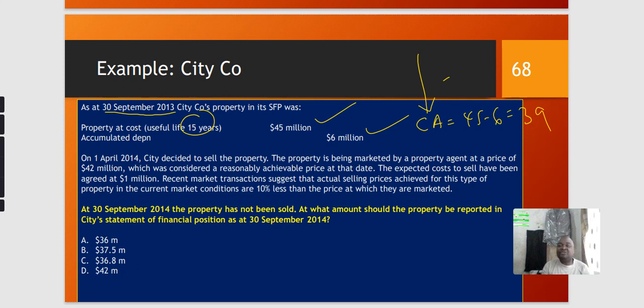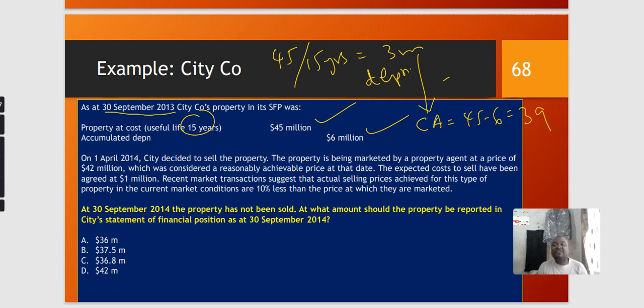So you then have to use the available information to determine the depreciation per year. What is the depreciation per year? We are told that this asset is for 15 years, and it cost 45 million when it was purchased. Divided by 15 years, it means that per year they were charging 3 million as depreciation.